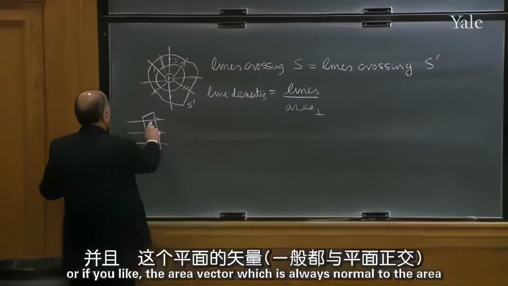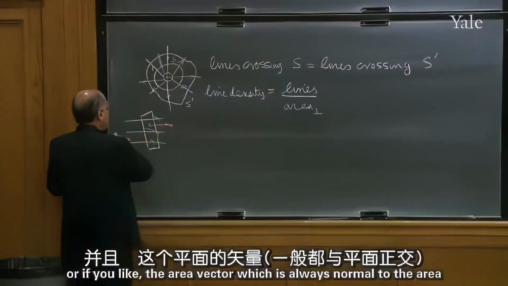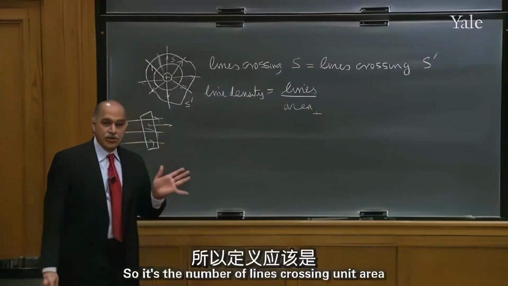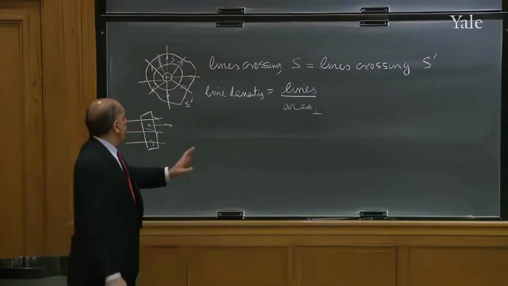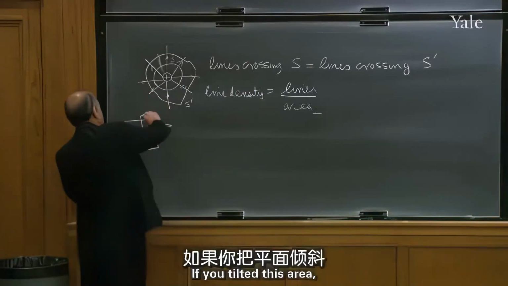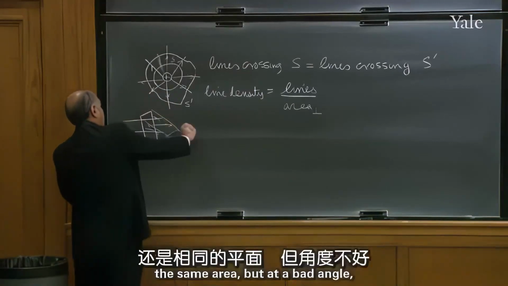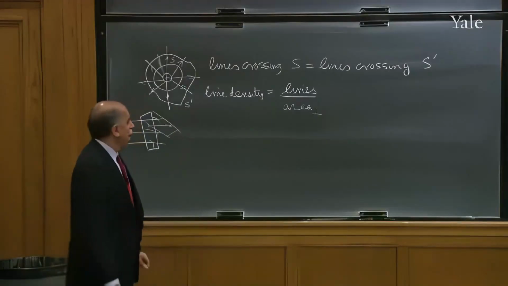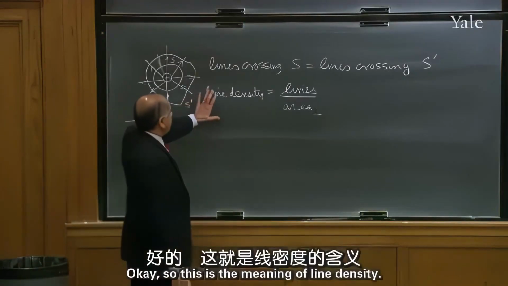Or if you like, the area vector, which is always normal to the area, should be parallel to the lines. So it's the number of lines crossing unit area perpendicular to the lines. That's called the line density. If you tilted this area, the same area but at a bad angle, it'll intersect fewer lines. That you know. Okay, so this is the meaning of line density.